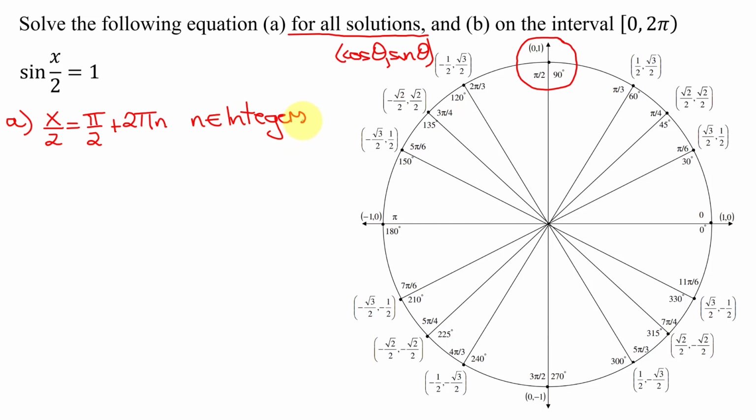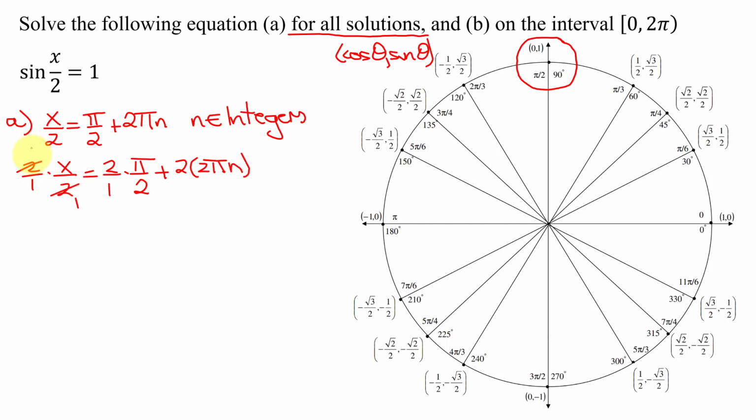Now I'm not done because this is solved for x over 2. I'm going to have to multiply all three parts of this equation by 2 to get the solution for x. So I'm going to have 2 over 1 times x over 2 equals 2 over 1 times pi over 2 plus 2 times 2 pi n.